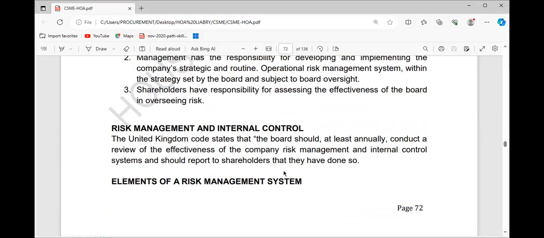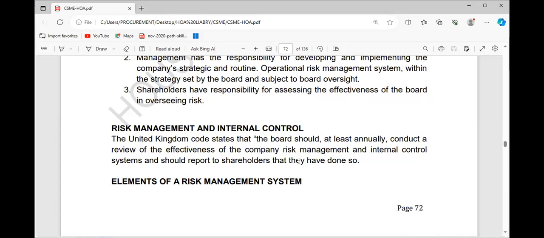Now, risk management and internal control. The United Kingdom code states that the board should at least annually conduct a review of the effectiveness of the company risk management and internal control system and should report to shareholders that they have done so. So that is the risk management and internal control. I believe you all know the board.